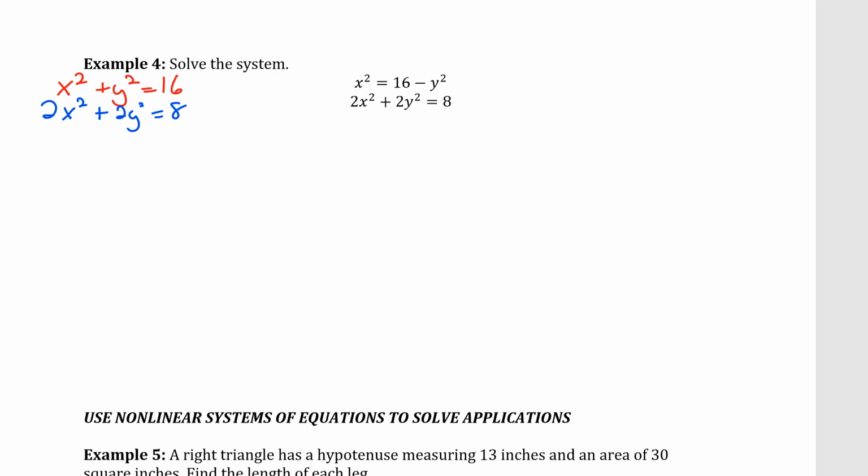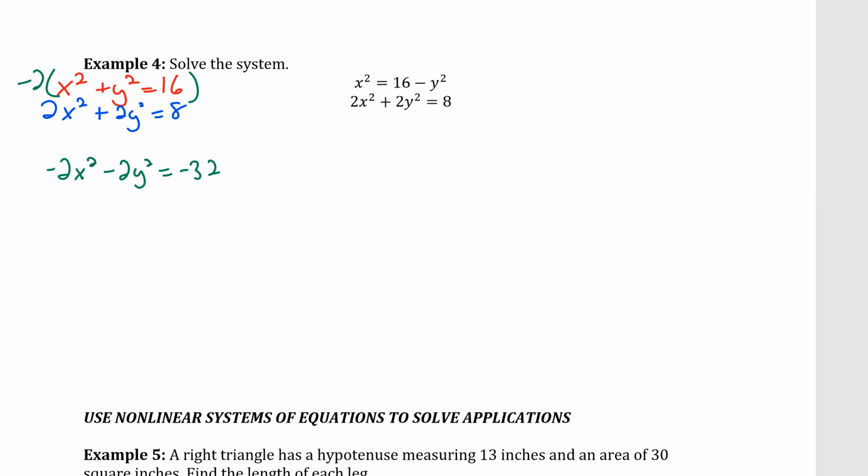I want to eliminate either my x's or my y's. It doesn't matter. I'm going to multiply this top equation by a negative 2. When I do that, that gives me negative 2x squared minus 2y squared equals negative 32.